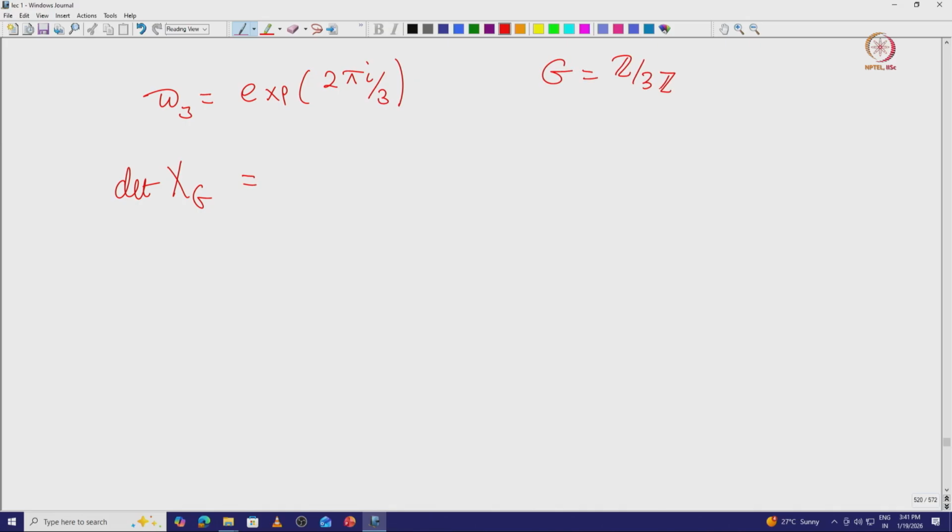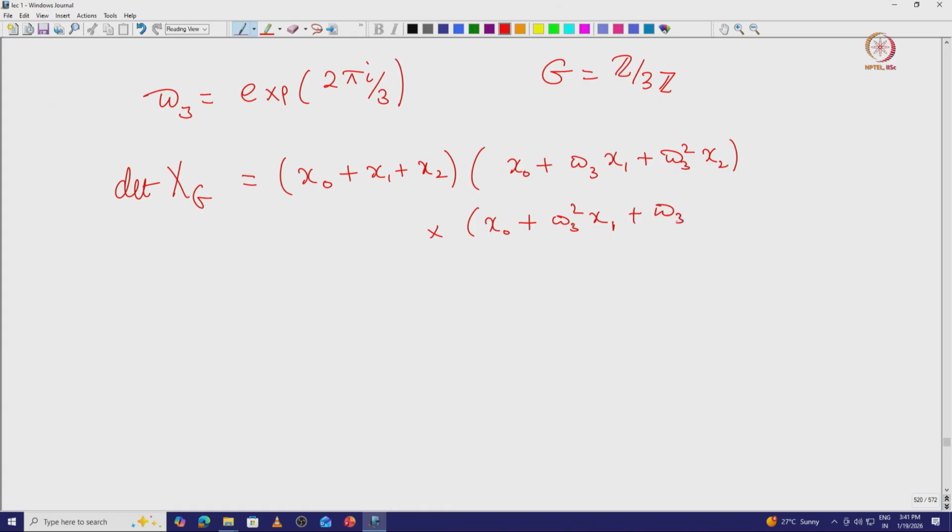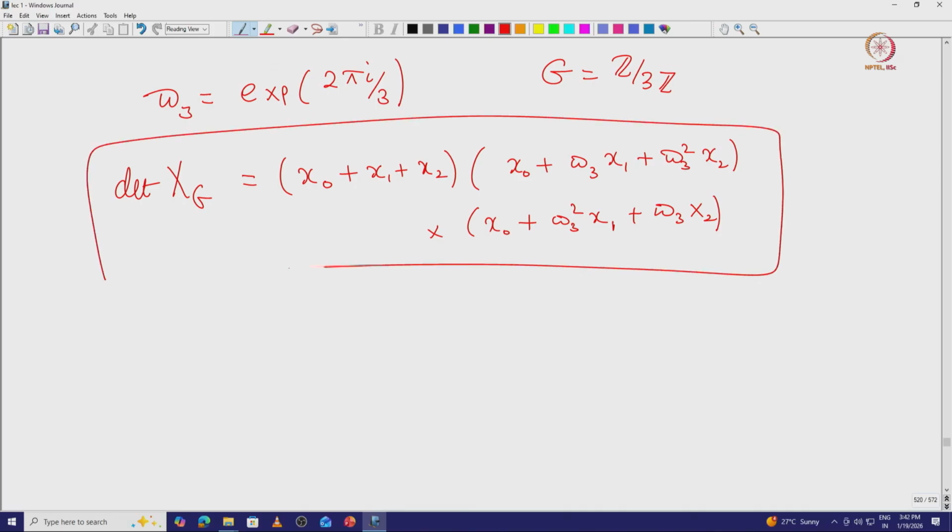This is going to be exactly equal to (x naught plus x1 plus x2) times (x naught plus omega 3 x1 plus omega 3 square x2) times (x naught plus omega 3 square x1 plus omega 3 x2). So this is what you get as a decomposition of this determinant.